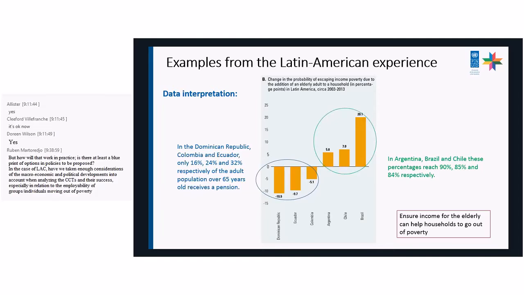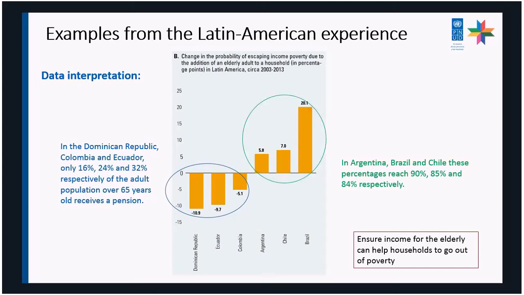This is not a literal result. This is related to the pension systems, which work well or less efficiently depending on the country. Argentina, Chile, and Brazil are characterized by having a comprehensive social protection system, especially in the case of Argentina and Chile.